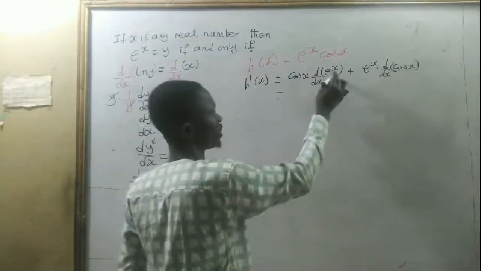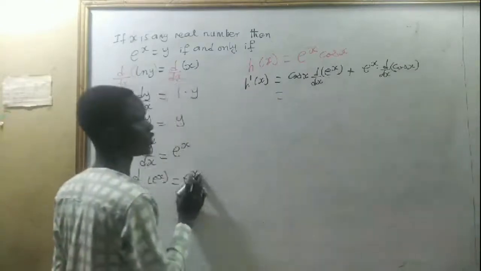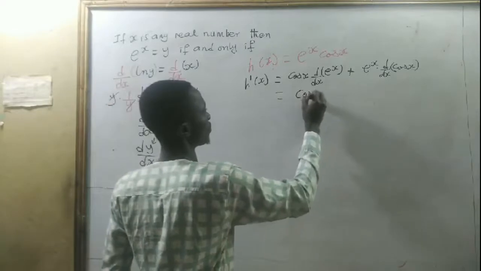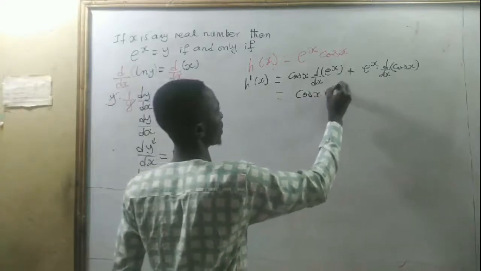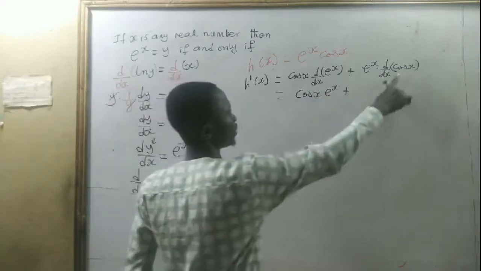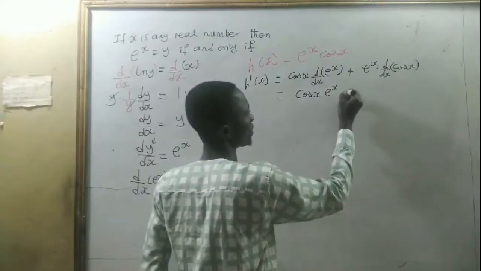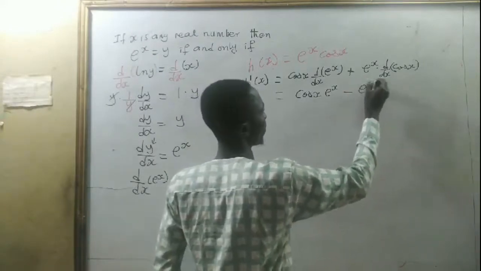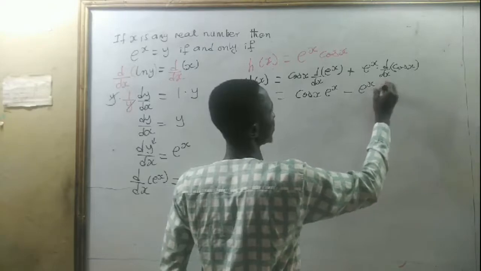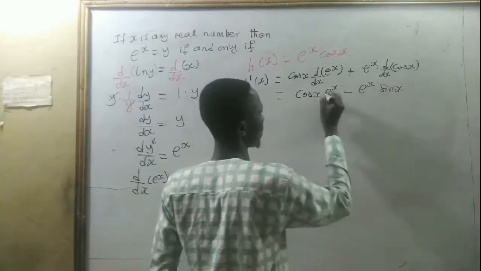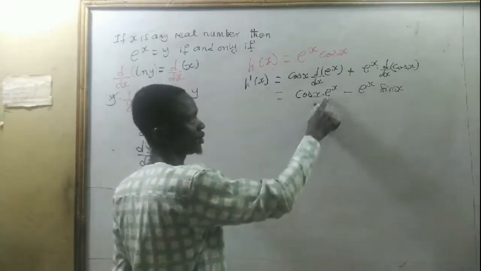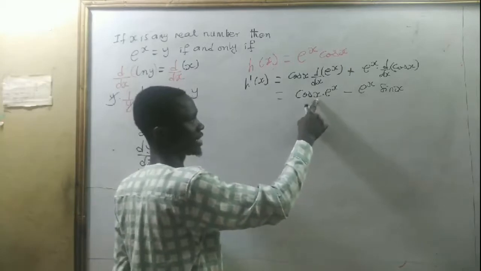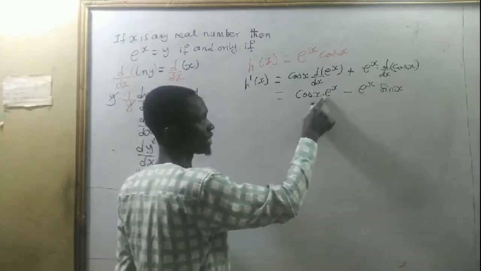So here, if we differentiate e to the power x, we get the same e to the power x. So we have cosine of x times e to the power x plus, if we differentiate cosine, we get negative. So it will be negative e to the power x sine x. So here, you see that if you bring e to the power x in front of the x, it seems you are doing cosine of all these.